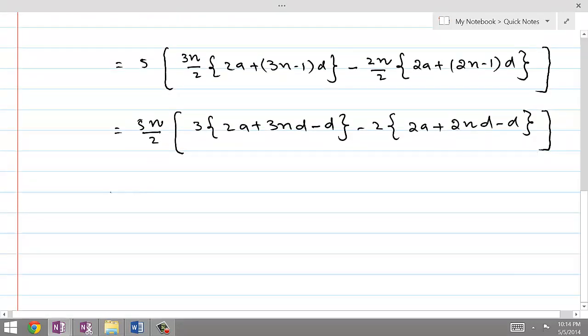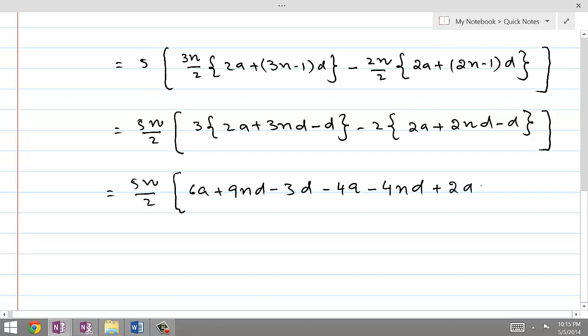And now we'll have 5n by 2 into, this would be 6a plus 9nd minus 3d, and if we multiply minus 2 inside as well, this will become minus 4a minus 4nd plus 2d. That's the simplified form.